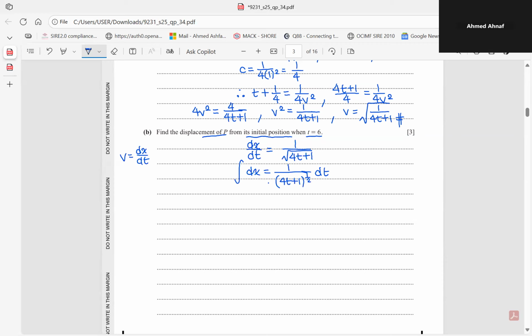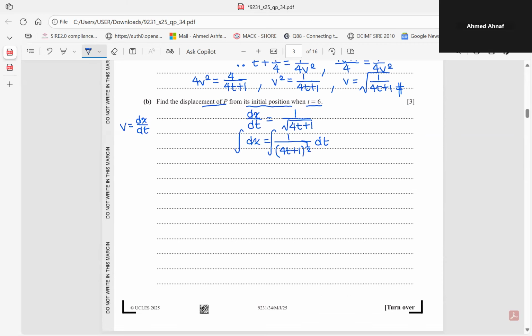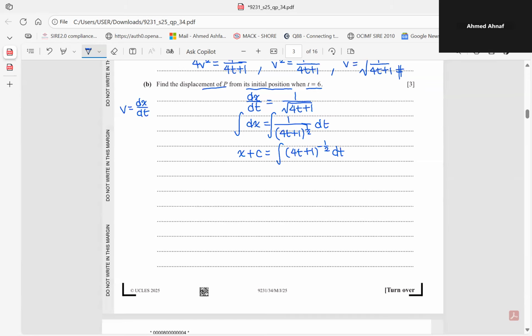So now we can integrate both of these. The integral of 1 dx is just x plus c. And then the integral of this, rewritten as (4t plus 1) to the power of negative half dt, gives us (4t plus 1) to the power of negative half plus 1, that's half, over the new power, half, and then you again multiply the denominator by the derivative of the inner function.